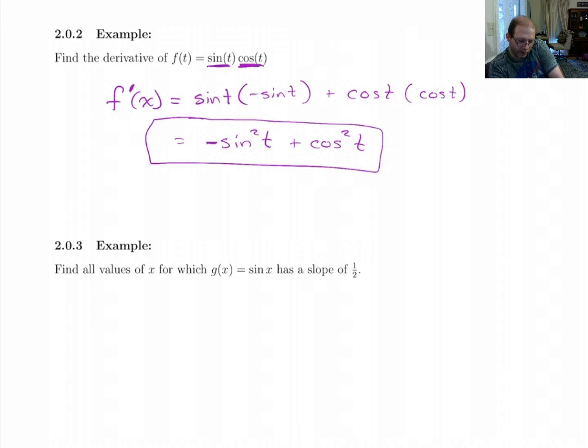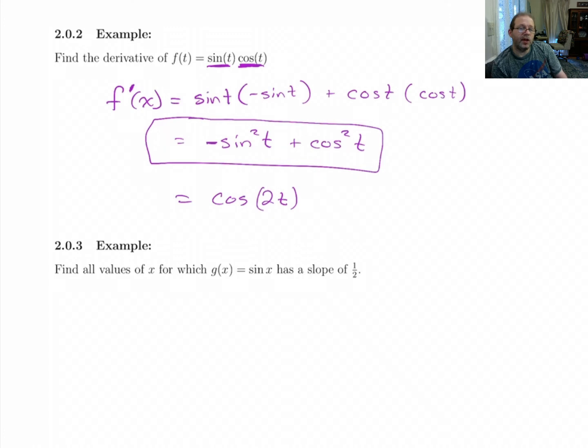If you look, this is equal to cosine of 2t. I wouldn't really expect anybody to write that for their answer, but it's possible that the book might list that as the answer. And if so, you'd want to figure out, is this the same?